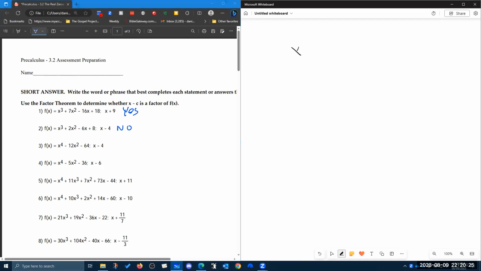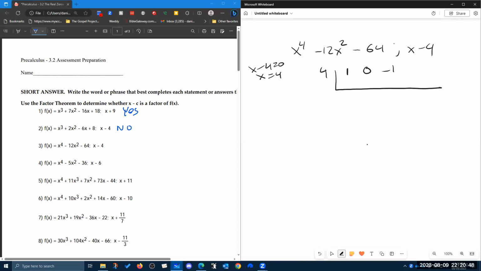Now we've got x to the 4th minus 12x squared. Watch out that we're missing the x cubed term and we're missing the x term here. So again, x minus 4 equals 0, x equals 4. We're testing to see if that's a 0. We have 1, 0, -12, 0, -64.